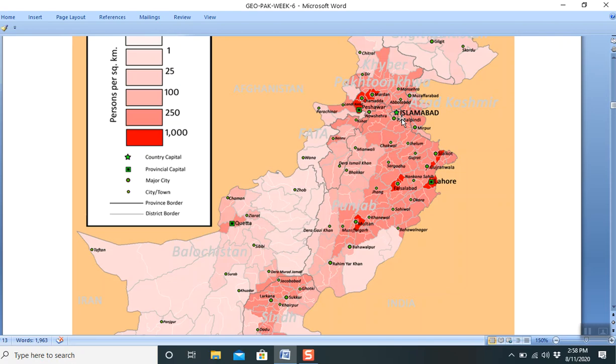So these people would come and cross, and whatever area they chose, they gave that jagir, that land, to those tribes, and this exchange of lands was established.